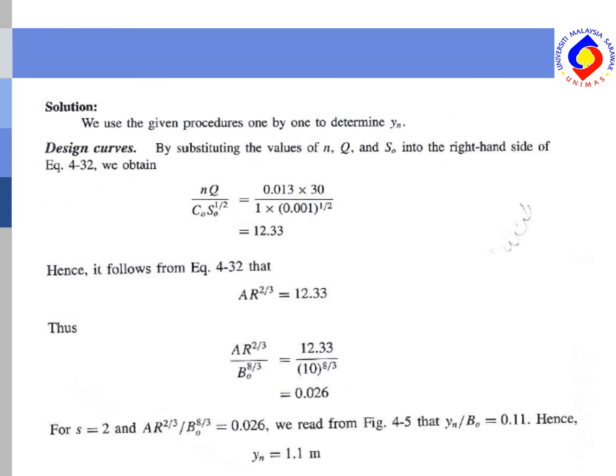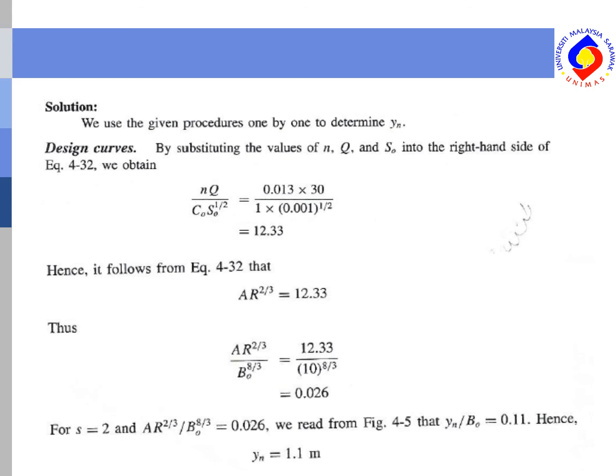Actually, this expression comes from Manning's equation, Q equal to 1 over n AR to the power of 2/3 square root of S. If we rearrange this Manning's equation, we can get the expression nQ divided by C. Here we consider C as 1, because from Manning's equation the 1 over n is actually equal to the value of C.